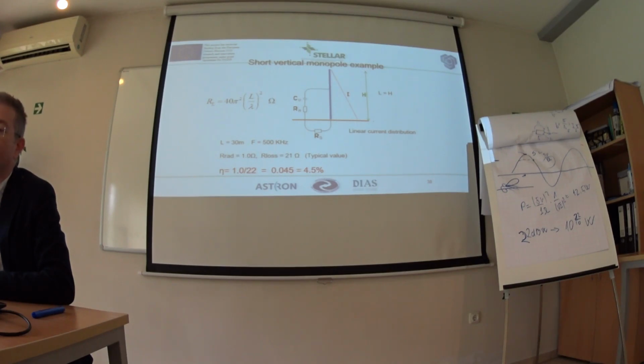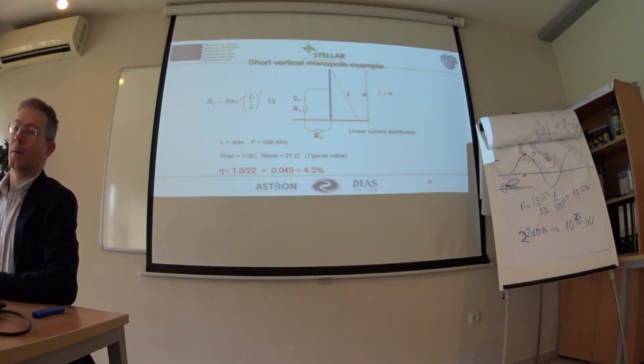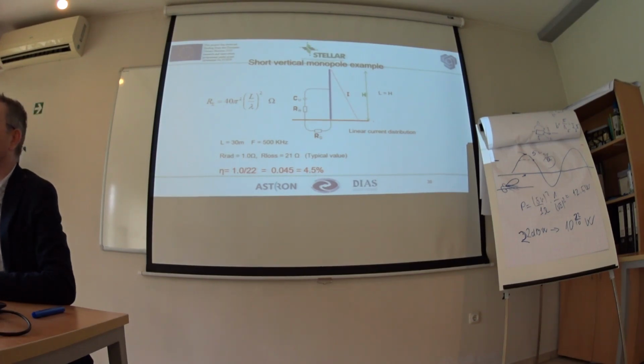Long wave antennas have very low radiation resistance, typically 1-2 ohms. And respectively, if the radiation resistance is low, the antenna is not going to transmit very much or receive very much.